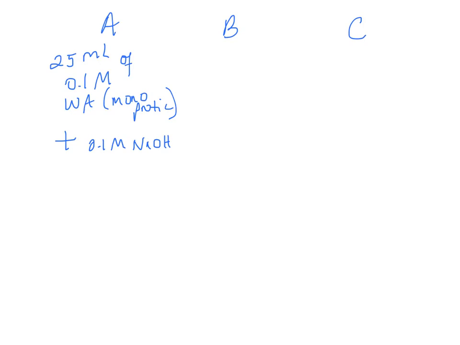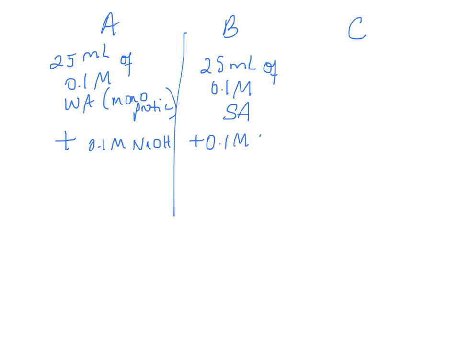All right. In the next setting, I have 25 milliliters of 0.1 molar strong acid, and I have 0.1 molar sodium hydroxide.